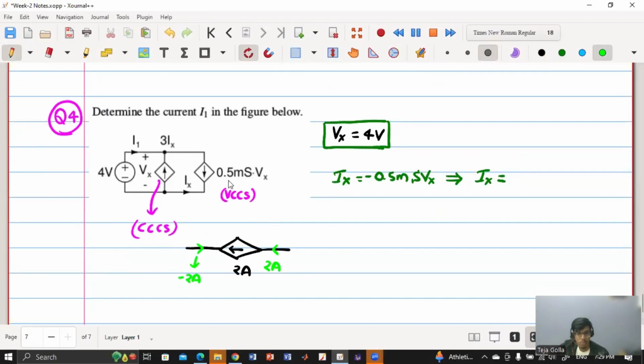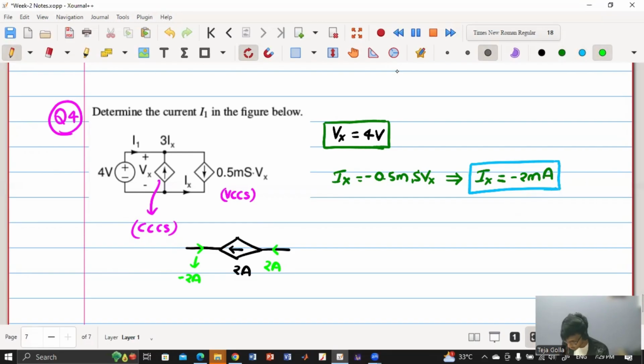So current flowing is 0.5 millisiemens Vx from top to bottom, which means right to left. So if I ask what is the current flowing from left to right, it has a minus sign. That's why it has this minus sign. Someone has mentioned minus 2 milli. Yes, Ix is equal to minus 2 milliamperes. Clear, sir. Okay, good. So it has minus 2 milliampere.